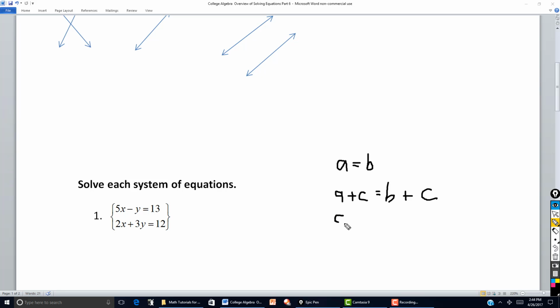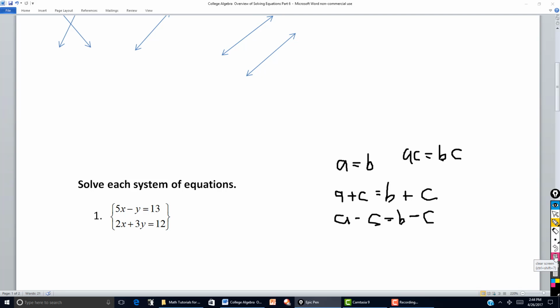Or I could subtract the same number from both sides, and I still have equality. Or I can multiply both sides by the same number, as long as I don't multiply by 0, because that wipes everything out. Okay, so those are properties of equality.